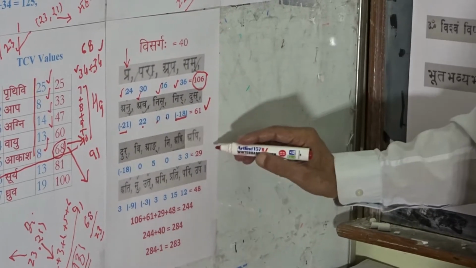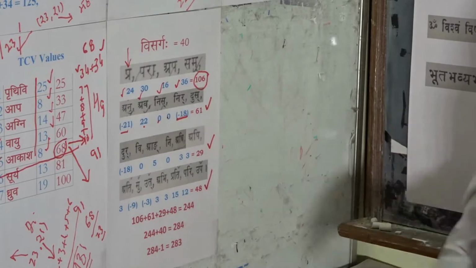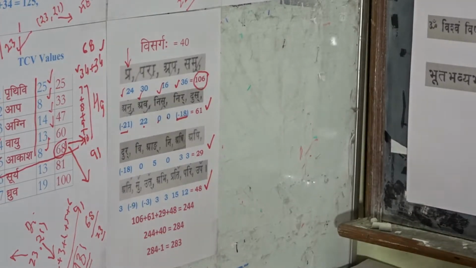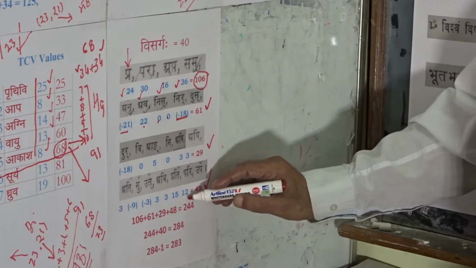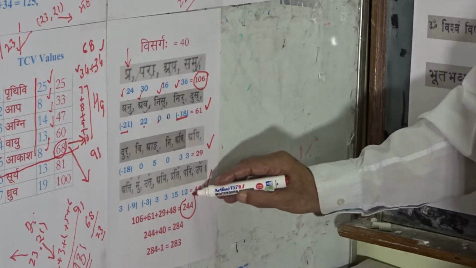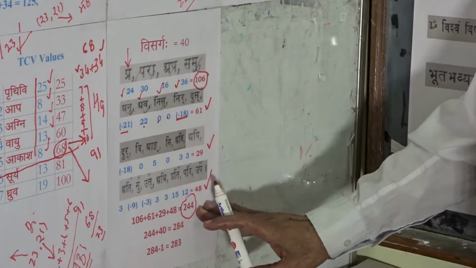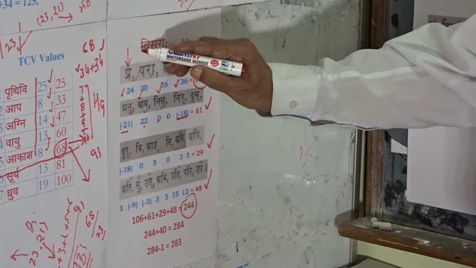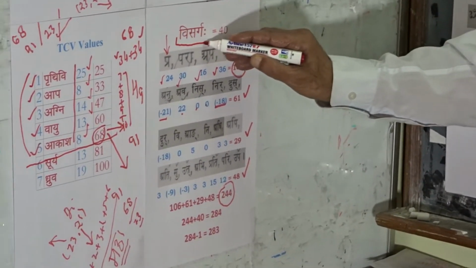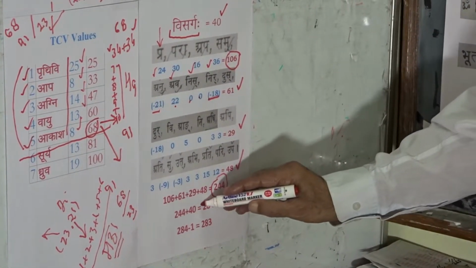At the next step the value will be 29, and at the next step the value will be 48. We can see that these values lead us to the value 244. Here we see that when these values are taken along with the value Visargaha, which is 40, it makes value 284.